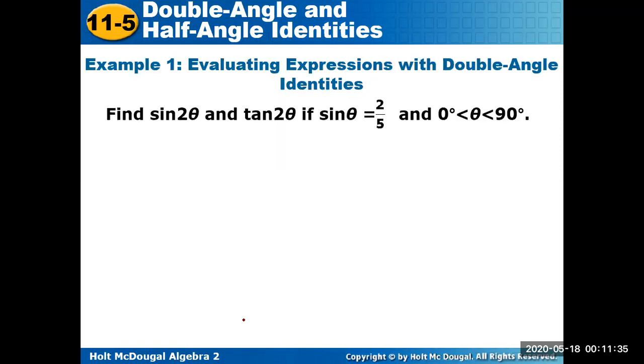Let's jump quickly into example 1, evaluating expressions with double angle identities. The question is, find sine 2 theta and tan 2 theta if sine theta is equal to 2 over 5 and theta is between 0 and 90 degrees.